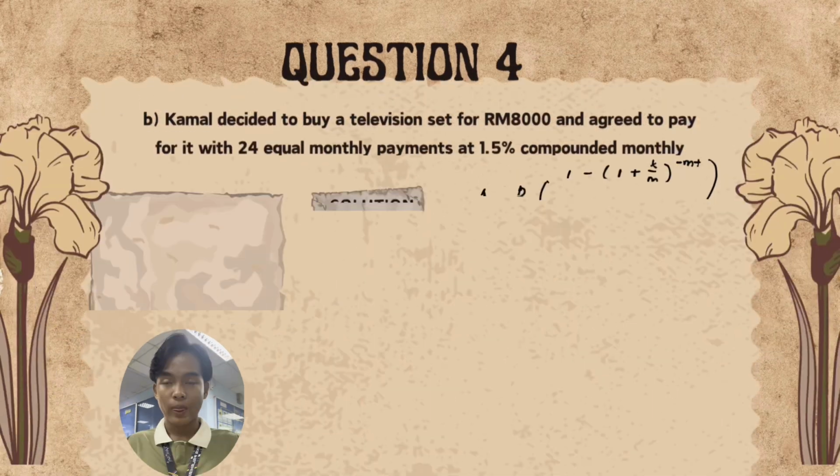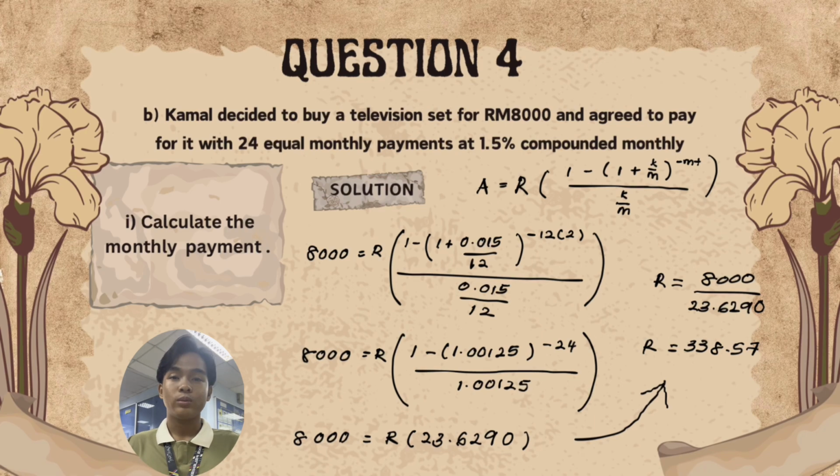259,676.15. Question B1. Kamal decided to buy a television set for RM 8,000 and agreed to pay for it with 24 equal monthly payments at 1.5% compounded monthly. Calculate the monthly payment. In this question, we are using the present value formula, which is A equal to R open bracket 1 minus open bracket 1 plus i close bracket power of minus n over i close bracket.